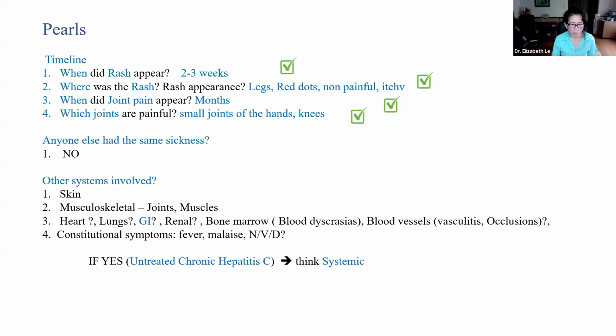Constitutional symptoms, fever, malaise, nausea, vomiting, diarrhea. Presently, he does not have complaints about these. If we answer yes to more than 2 questions, then definitely this is a systemic illness. The patient has skin rash. He had joint pain. He had untreated chronic hepatitis C. We think systemic illness. Next slide.